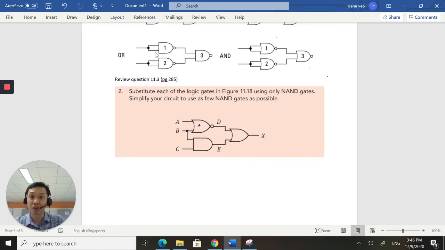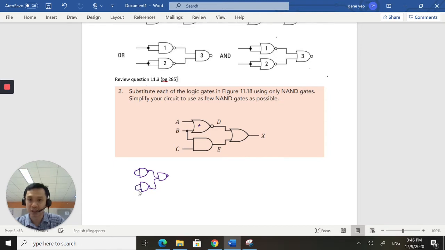So let's draw this over here. So I'll have 1, 2, and 3. Okay. And this 2 will go into here. This will go into here. And these two are shorted together. So I'm going to short it.